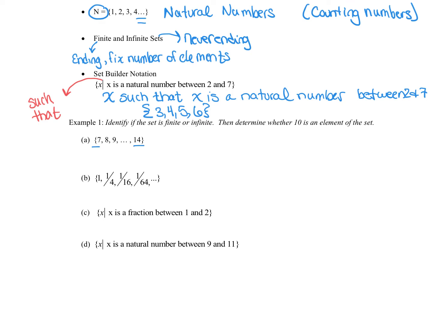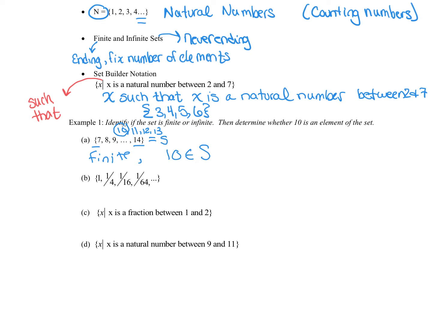I'm going up by 1 every time, so I can tell the things that are in between here are 10, 11, 12, and then 13. That's a fixed number of things, so this is finite. And we can clearly see right here that 10 is an element. I'm going to name this set S and write 10 is an element of S.